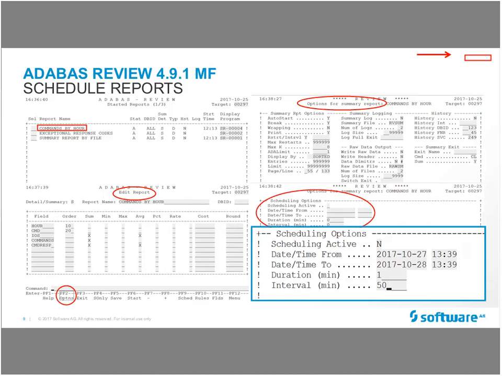I need to define the duration, minutes, and I need to define the interval. So that means in this time frame, a day, I want to run this report 50 times, and it should run just 1 minute. And this is what happens automatically. And of course, you can vary this.